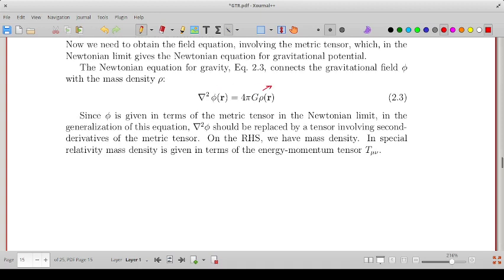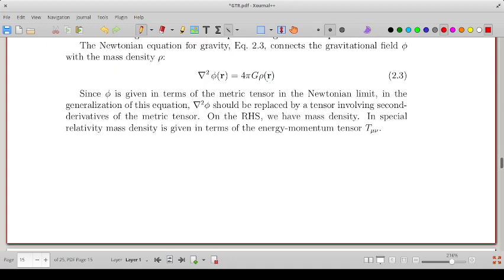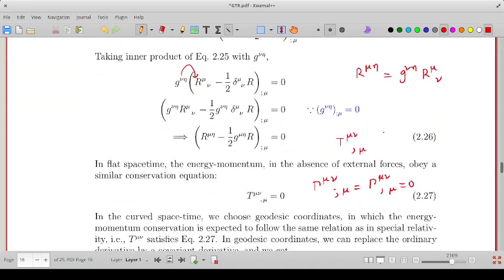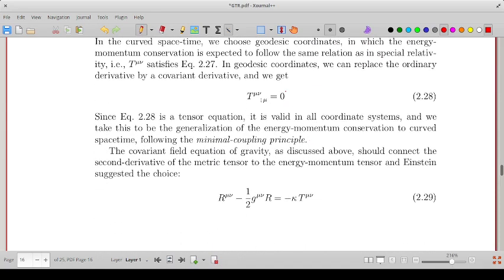And the right-hand side involves matter, given by the mass density of matter there. In special theory of relativity, the mass density is given in terms of the energy momentum tensor. And we have a generalization of the conservation law followed by the energy momentum tensor to the curved spacetime, and that's given by T^μν_;μ equal to 0.